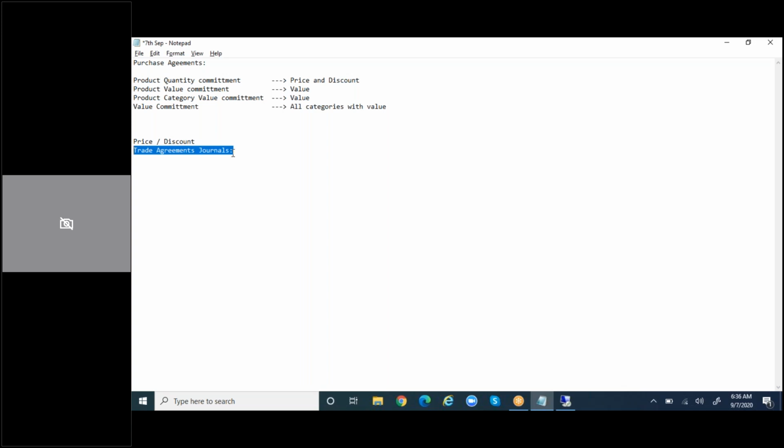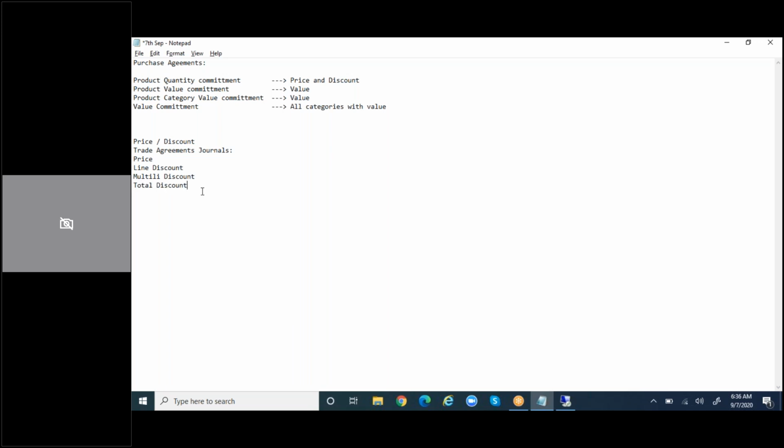So what prices can I enter in these trade agreement journals? What is available means price, line discount, multi-line discount, and total discount.